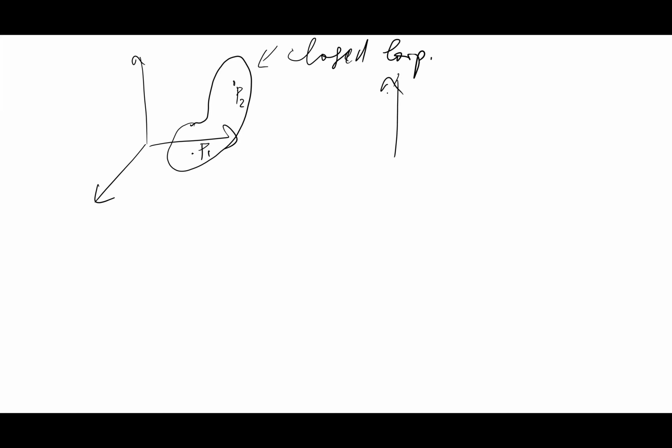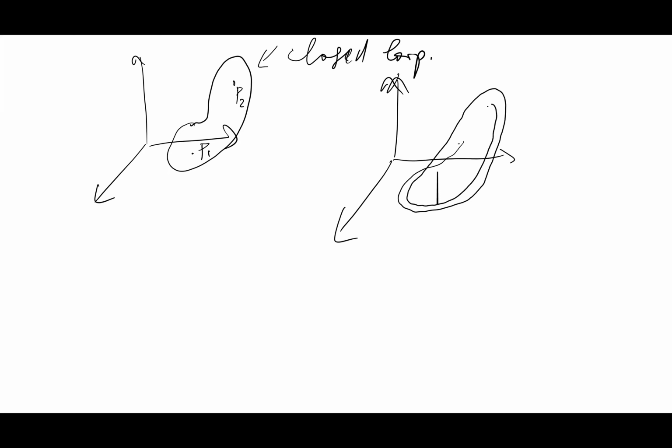And when c is increasing, it can get something like this. It goes something like this. Like this. So here P1, here P2. And so now we have two loops. So it is a closed loop, but it makes 2 rotations.